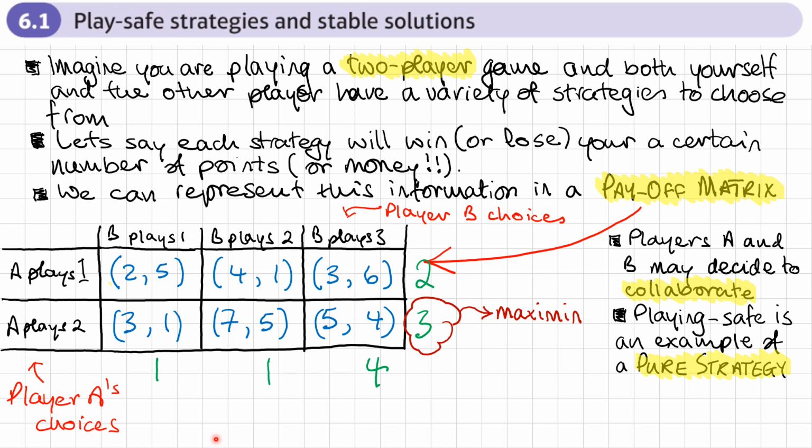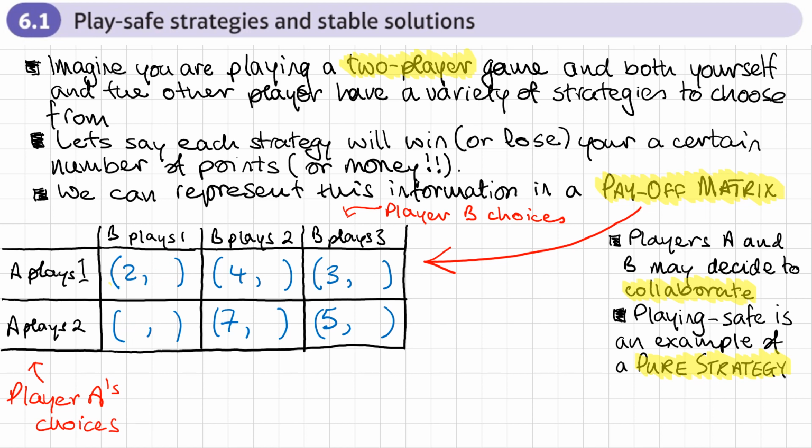Now, the winnings in this payoff matrix could also be written in a different way. So let's take out what B is winning, and we're going to change it to something called a zero-sum game. Now, in a zero-sum game, whatever A wins, that's exactly what B loses. So I will change some of these values.